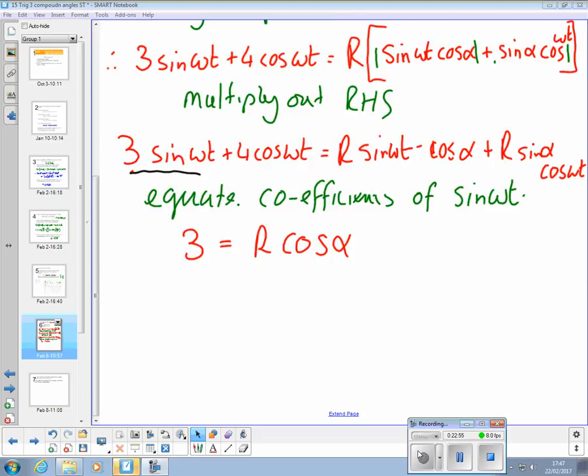We've equated the coefficients of sine omega t. We've got 3 sine omega t on that side, and R cos alpha sine omega t on the other side. 3 on that side, and R cos alpha on that side.